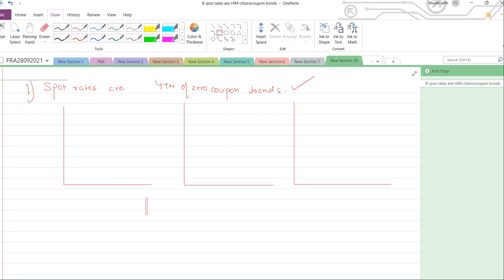So, let me give you an example. Say this is an investor A, this is an investor B, right? Both invest in US Treasury bonds, right? The coupon rate for the bond in which investor A has invested is 3% and the maturity of this bond is 2 years, right?